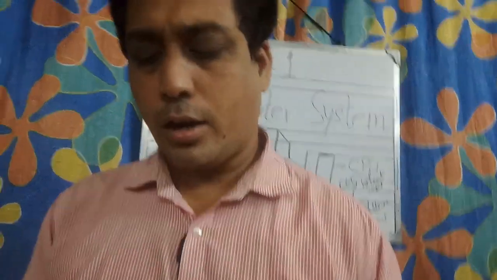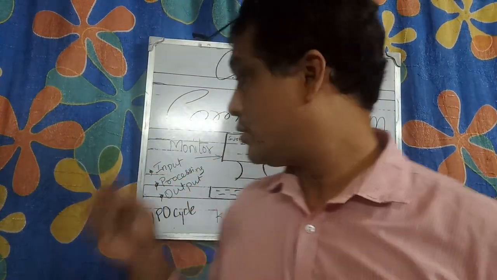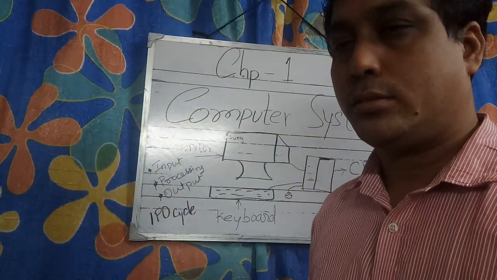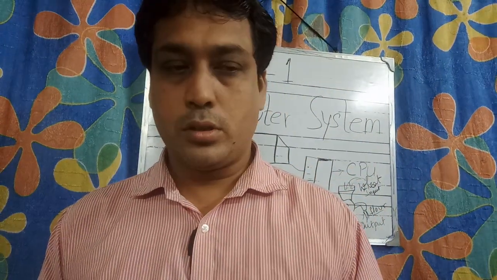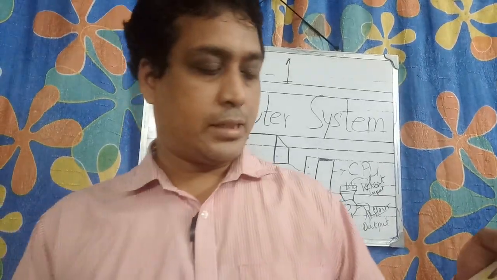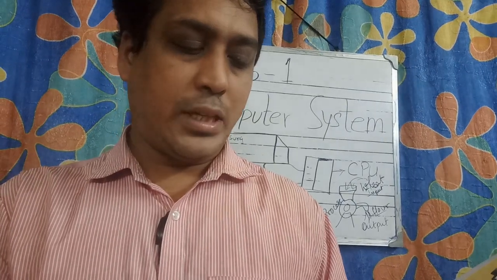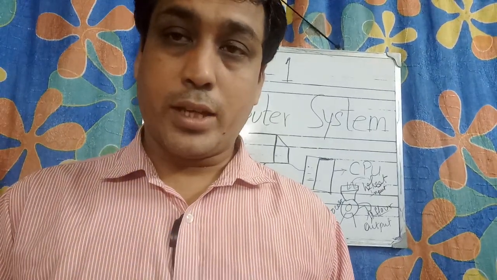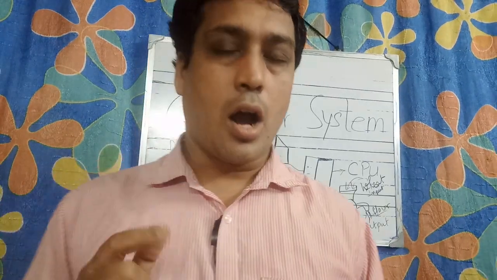Now, what is hardware? As the name suggests, it's hard. This board is hard. This is a hardware. Software is soft, which we can't see. Now, come to the book. It's written over there. All the parts of a computer that we can see and touch are called hardware.